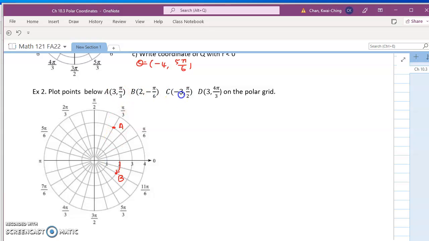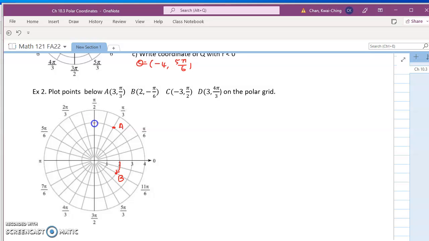Now C has a negative R, so we will find the positive R first at pi over 2. So positive R of 3 would be 1, 2, 3, and then pi over 2 is here, right? So it would be here, but this is not what I want. I want a negative 3. So this is 3, pi over 2.